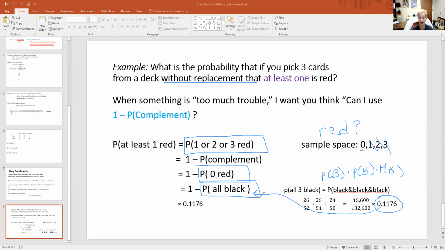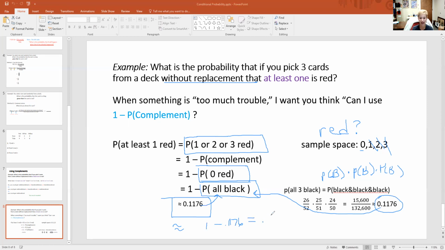Now here's what I get a lot of times. Somebody will box this answer right here, like I've got. Now, do you see why that's not right? This is the answer to that. I've still got to take that number, 0.1176, and I've got to subtract it from 1.